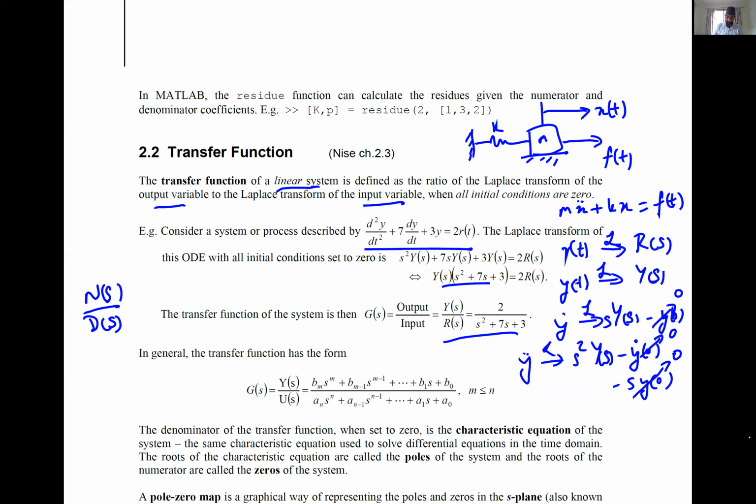The highest power of s in the numerator is assumed to be m. The denominator has the highest power of s being n. And in general, for most dynamical systems that we will study, we will notice that m is less than or equal to n.